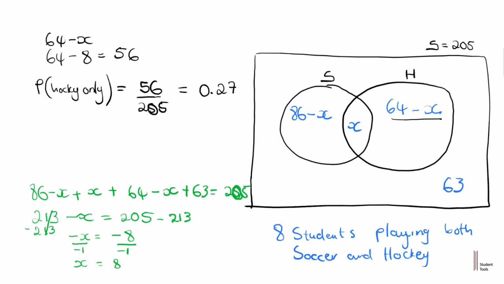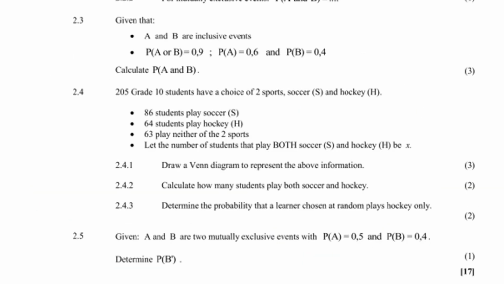Now we have 2.5 next. 2.5, given A and B are mutually exclusive events. Right, so remember we discussed mutually exclusive events. On the previous question, we said they have no intersection.